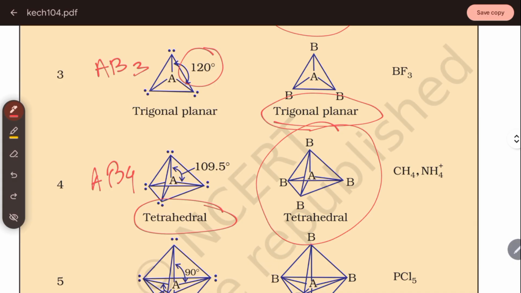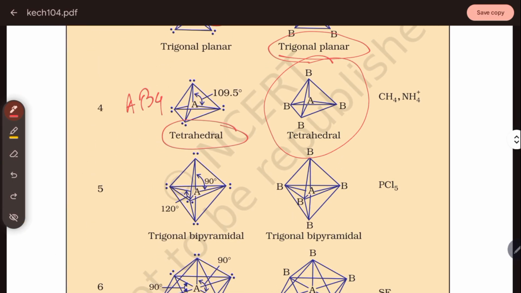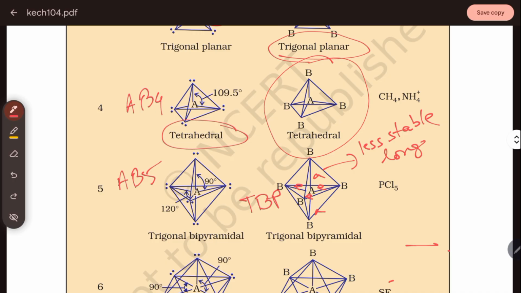If a lone pair is present, then the geometry becomes distorted and is not regular. Okay, electron pair 5 means AB5, which just now I said is a TBP structure, trigonal bipyramidal structure, with three equatorial bonds and two axial bonds. The axial bonds are less stable and longer than the equatorial bonds. Example is PCl5, without any lone pair.